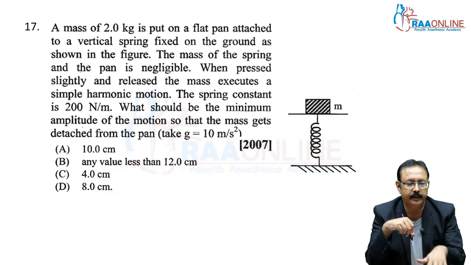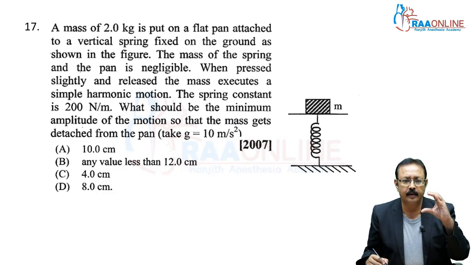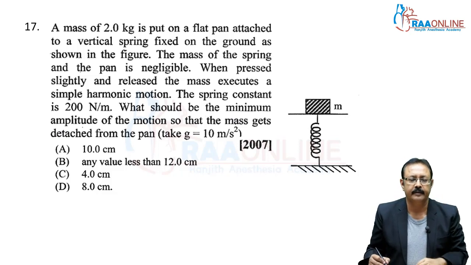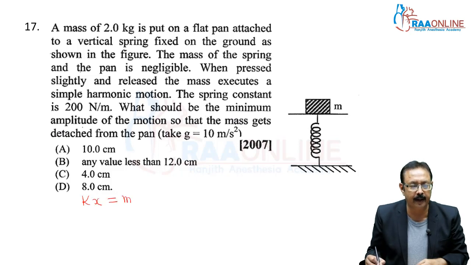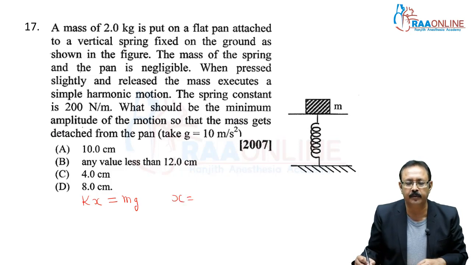So what will happen in this case? When you are pressing, the spring will resist by the force, we know, K into X. It is balanced by mg. So X you will get from the formula mg divided by K. M was 2 kg, G is 10, and the spring constant is 200.